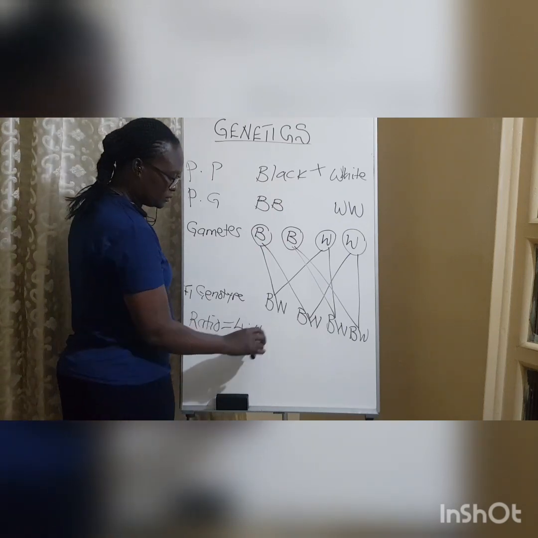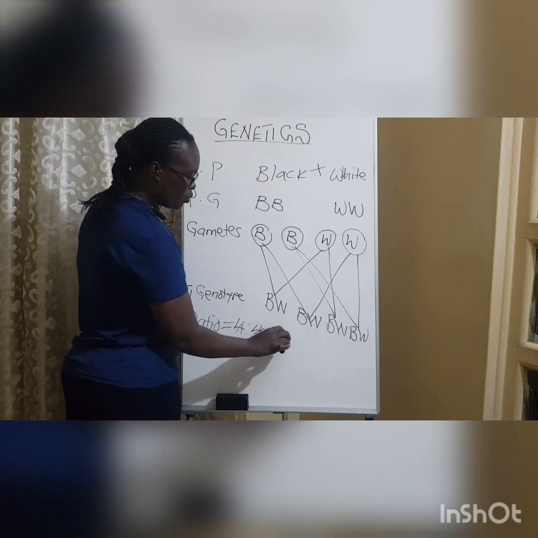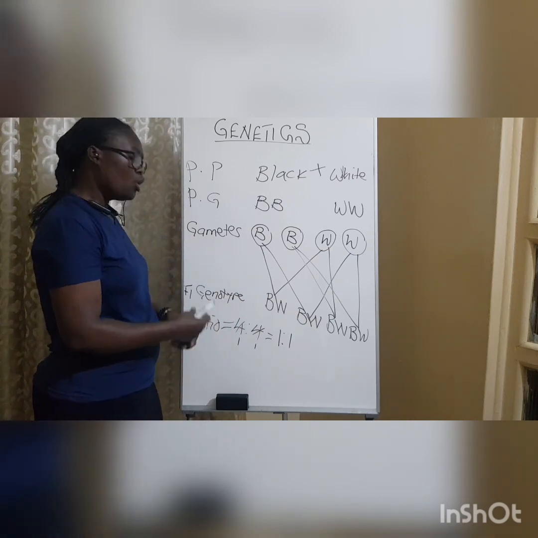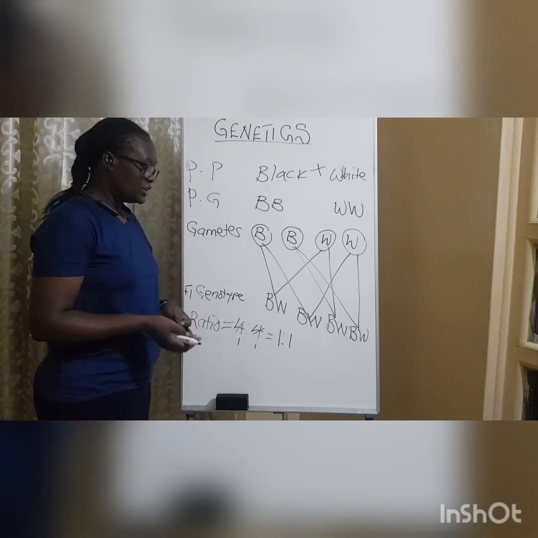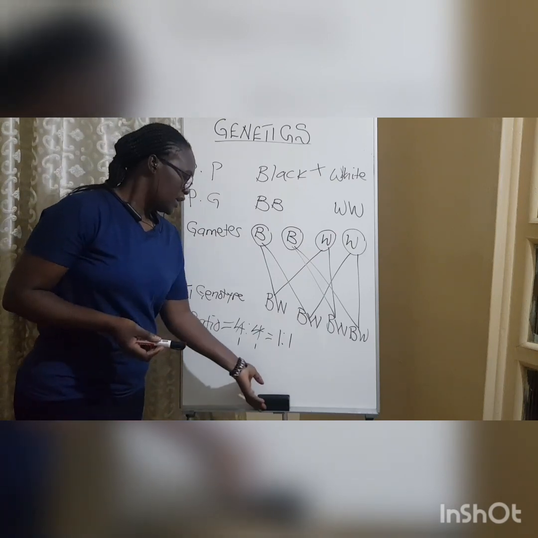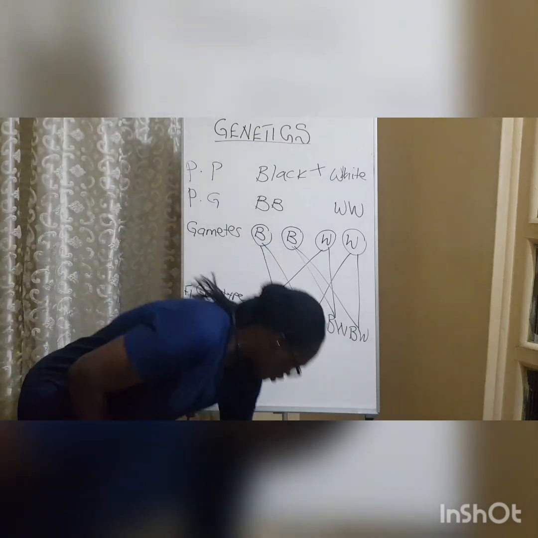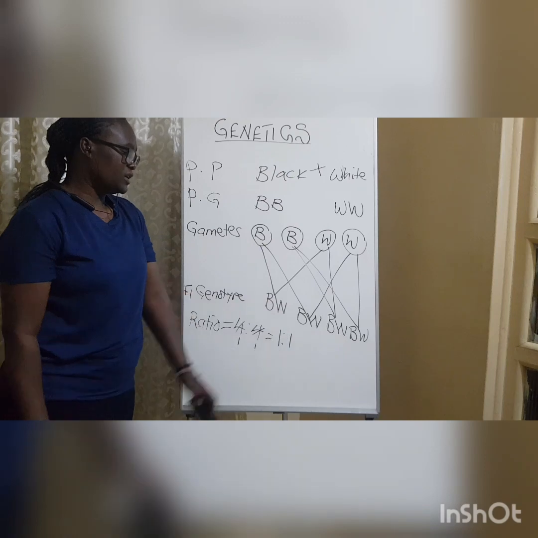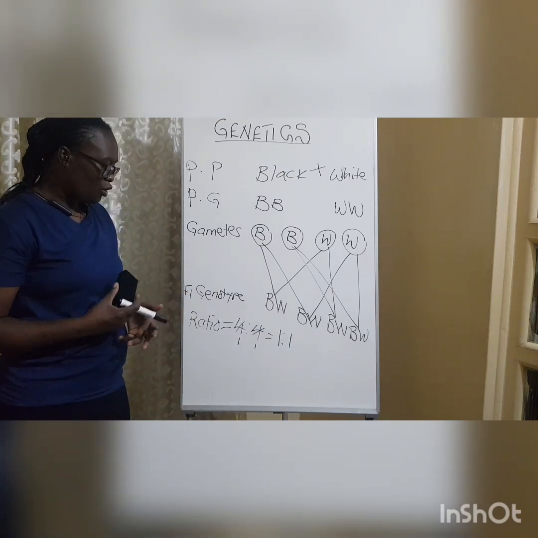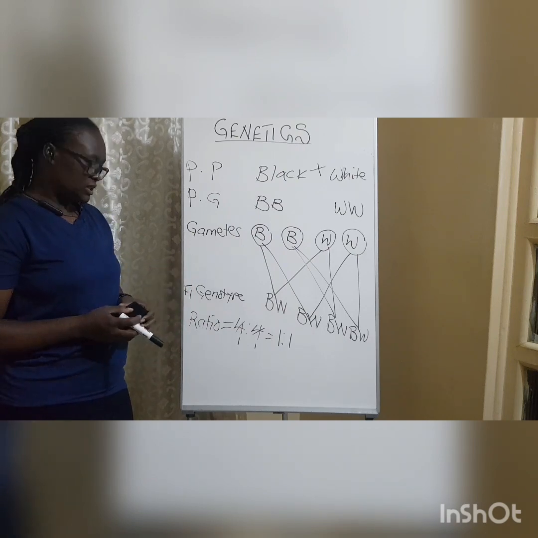So this will be 1 here, 1 there. So we can say 1 to 1. This is the ratio, in case they ask you about the ratio. Or maybe they can even ask you to state the chance of having the offspring to be roan. What's the chance of having an offspring to be roan? So it's 4 to 4 or 1 to 1, which is equivalent to 100%.